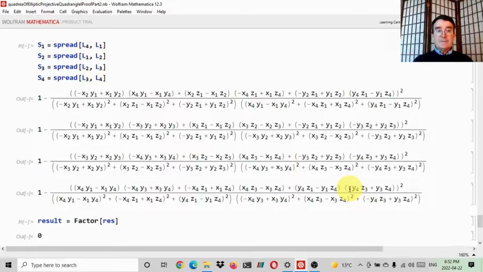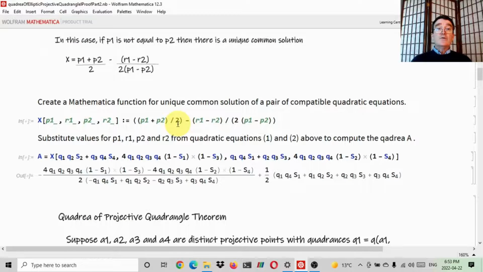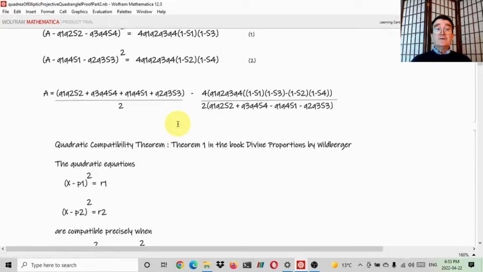Okay, so what we did was, going back to the top here, here's the quadrea of the projective quadrangle as given by these two formulas.